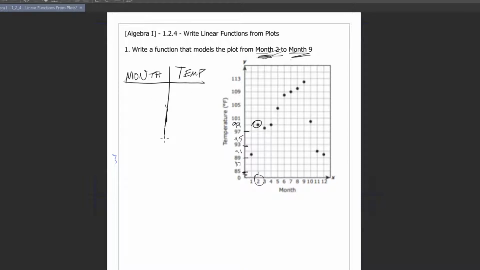So this is asking, write a function that models the plot from month 2 to month 9. Well, the subject matter is a linear function. So if you look at the plot, I guess the first question you would ask is, hey, looking at the temperatures, this plot isn't linear, right?